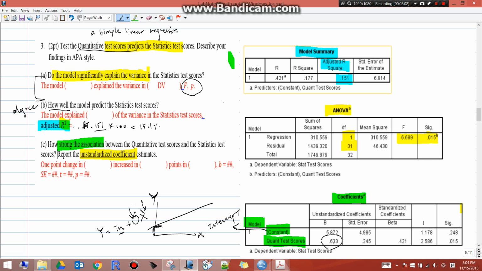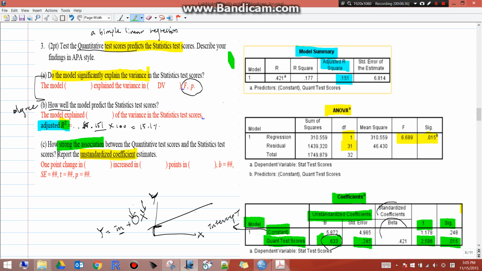So here, the other columns are the unstandardized coefficient and the standardized coefficient. We actually usually report the beta, but for question 3, we will report the unstandardized coefficient. And then the associated standard error and the t statistic and then the significance level of these values.